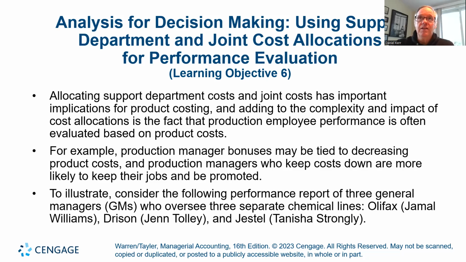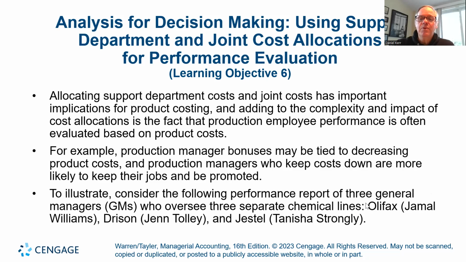We'll take a look at the direct labor that they have. We'll compare what was budgeted to what the actual costs were, and then we'll take a look at the support costs that have been allocated to them. And if there's a joint production process, we'll take a look at the joint production costs which have been allocated to them. So to make this more real, let's look at an example.